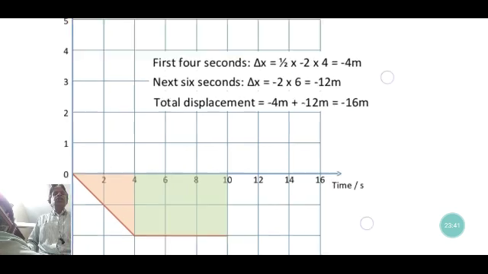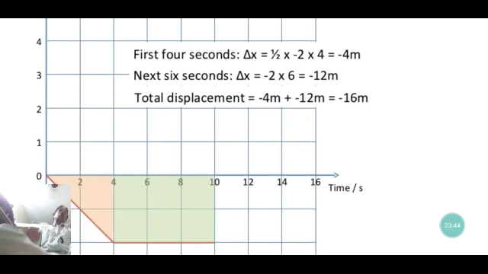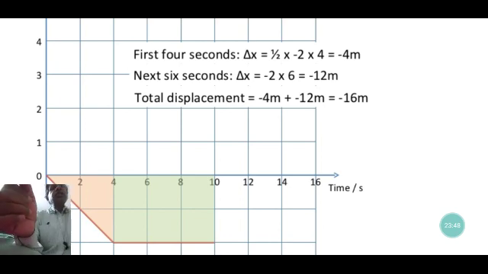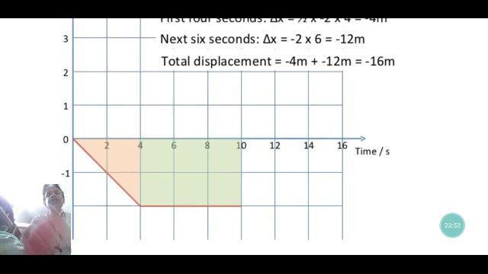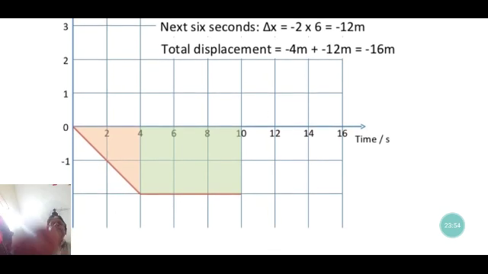Here, we know that distance is always positive, but displacement may be 0 or negative. Here, the displacement is calculated in negative form. Look here, this is the velocity-time graph, but the object is moving in the opposite direction.